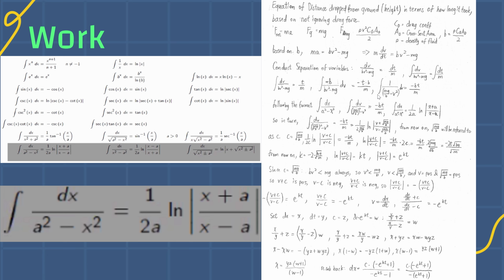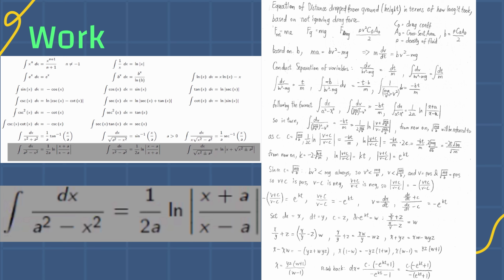So now we can integrate both sides, and we integrate here first because this is the easiest part. So we get Tm, and there is some switching around and reorganizing of the equation. And then we get to this point here.